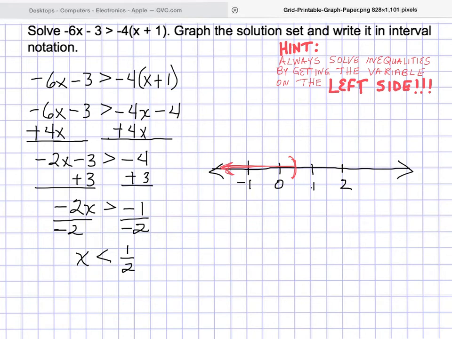So in interval notation, remember we start with the smallest number, which is -infinity, which is not really a number, all the way to 1/2 and parentheses. That's the interval notation.